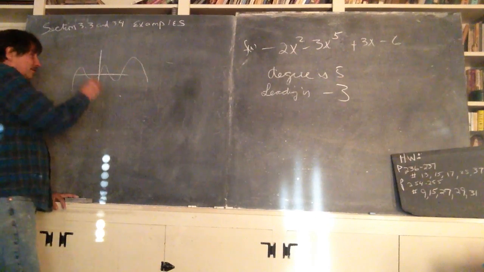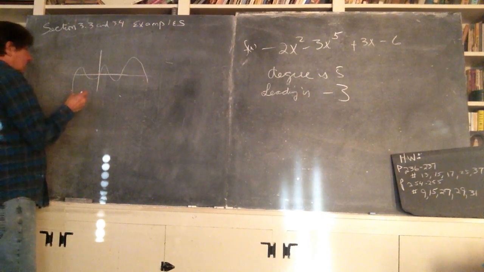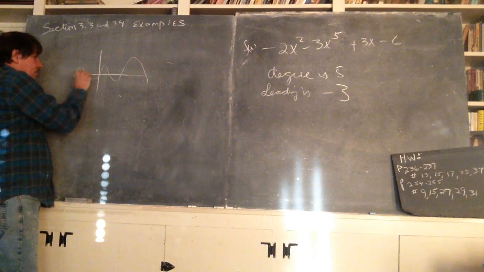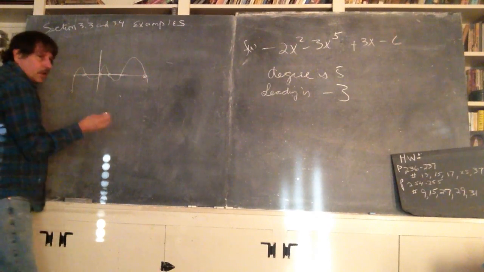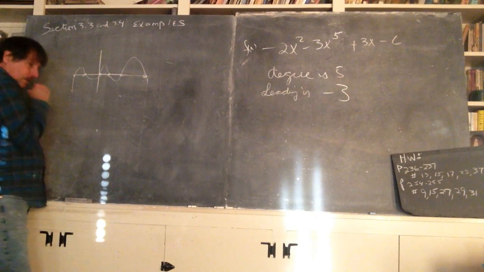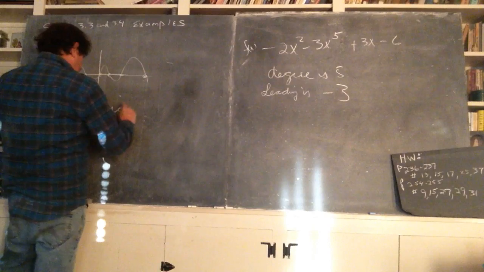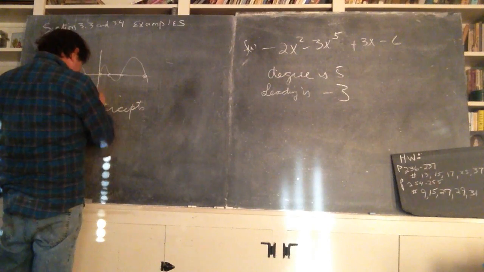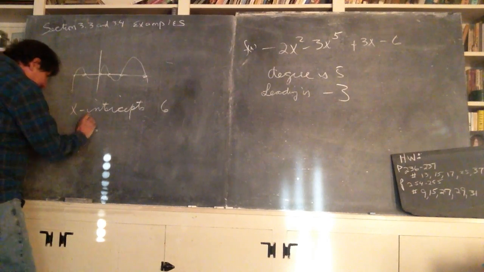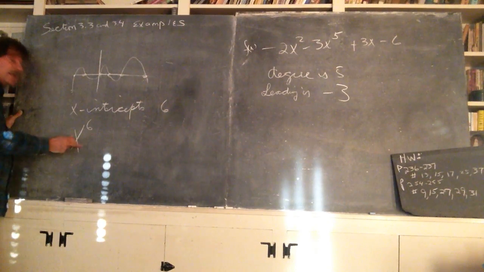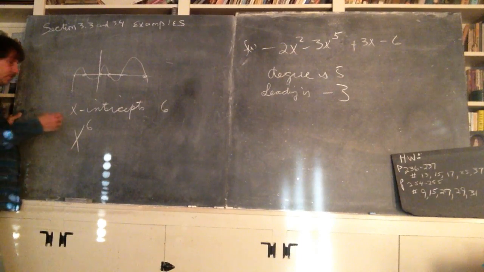I know it's even, and I know the leading coefficient is less than 0. But it has 1, 2, 3, 4, 5, 6 x-intercepts. There's 6 of them. So it's going to be at least a 6th degree polynomial. The degree is at least 6.